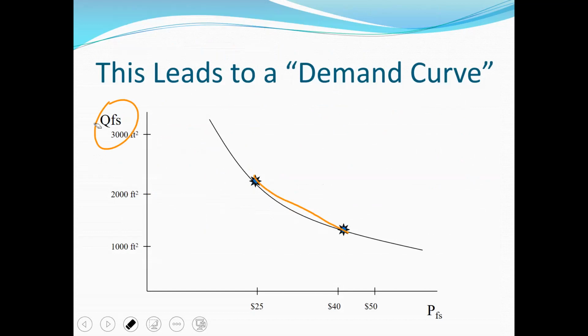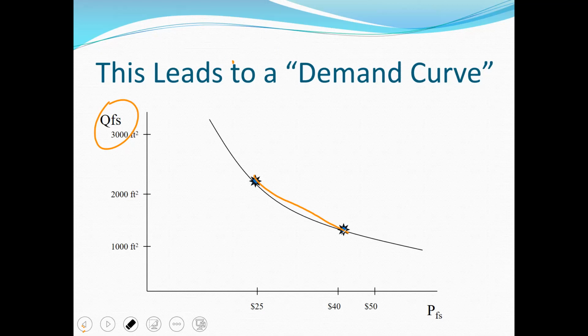You cannot get the same quantity because you're moving to a different utility curve, and that's why the quantity of floor space that you can command goes down.